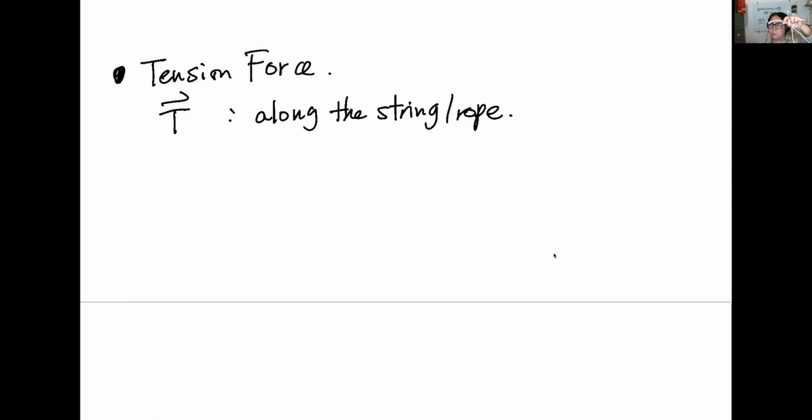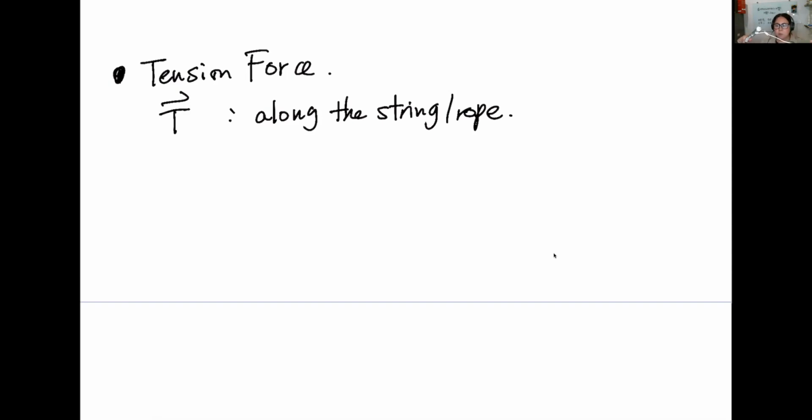I connect a rope and pull it harder and harder, and you see there's a bigger and bigger tension force applied, more and more tension force.